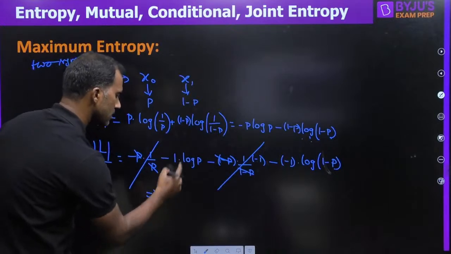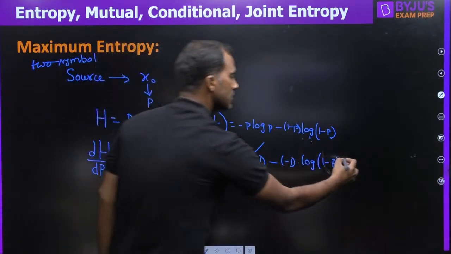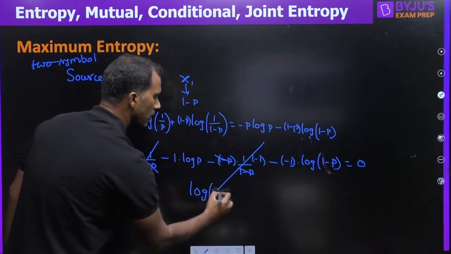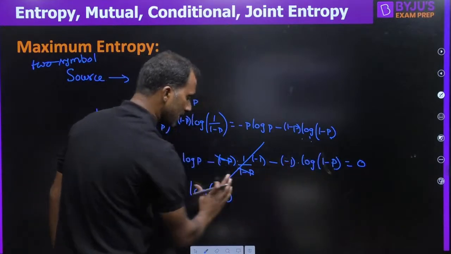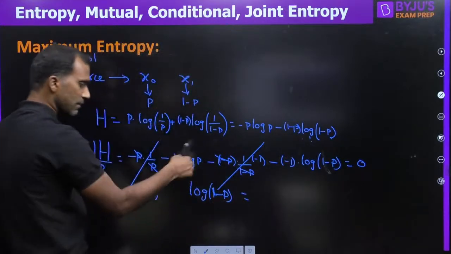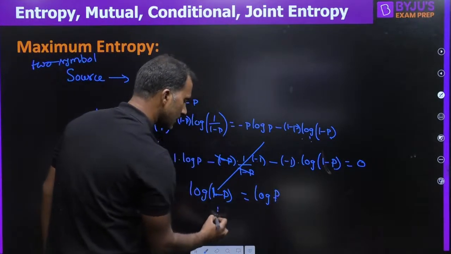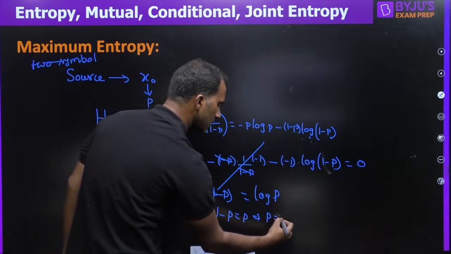Now this implies minus log p plus log of 1 minus p is equal to 0. I am putting log of 1 minus p on this side, and sending minus log p onto the other side, and it implies 1 minus p is equal to p, and this implies p should be equal to half.